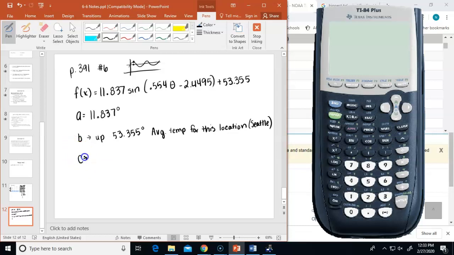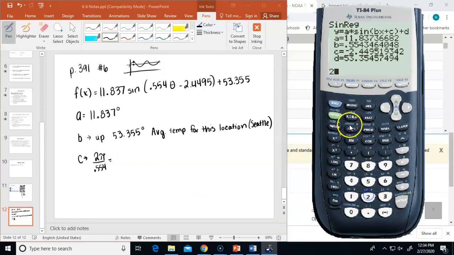For C, it says, what is the period of the sinusoidal function that models the monthly temperatures? For period, we do 2 pi over B. So 2 pi over 0.554.